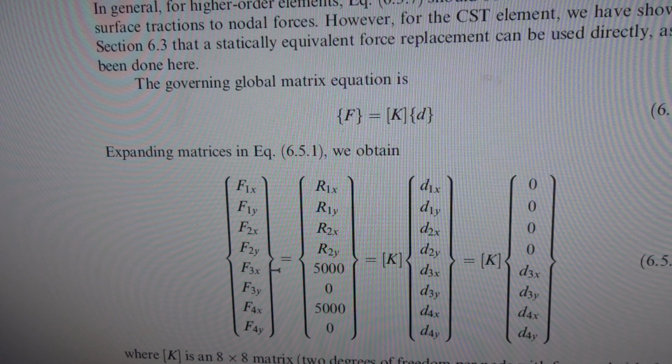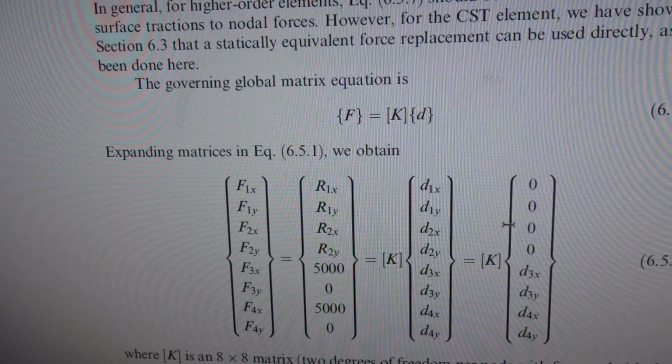At node 3 we found 5000 lb in the x direction, and in the y direction no force, so 0, and at the fourth node x direction 5000, y direction no force, 0. This is K multiplied by d1x, d1y, d2x, d2y, d3x, d3y, d4x, d4y.